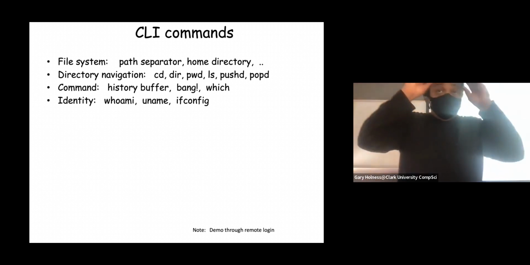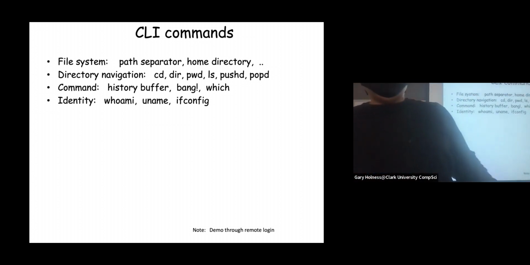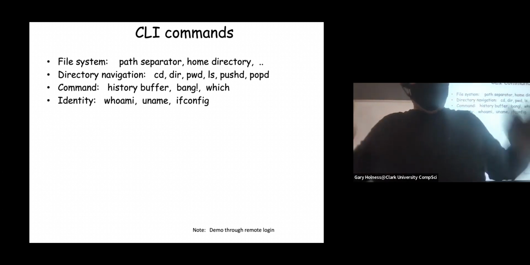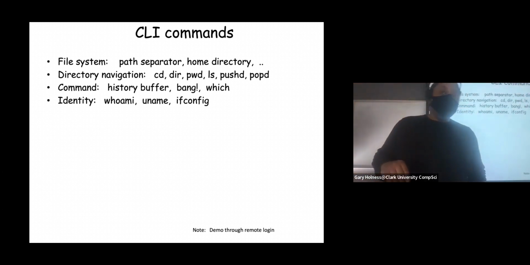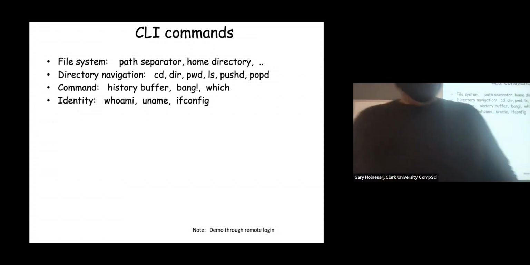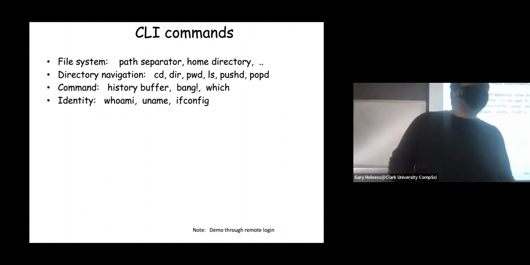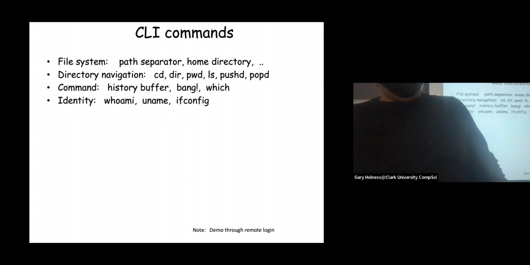You can navigate around your directory, so you can go into a directory or out of a directory, just like you can with folders through the user interface in something like Mac OS and Windows. There are certain command-based things, like examining what's called the history buffer, and I'll talk about that by example when I get to the command line. You can also examine where you are in the file system, to interrogate it and say, where am I?